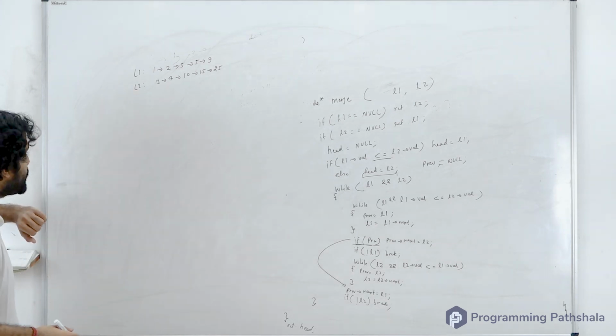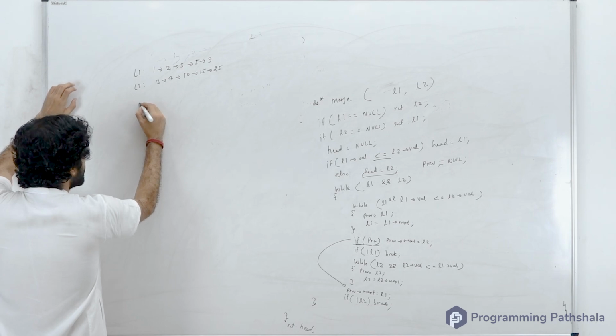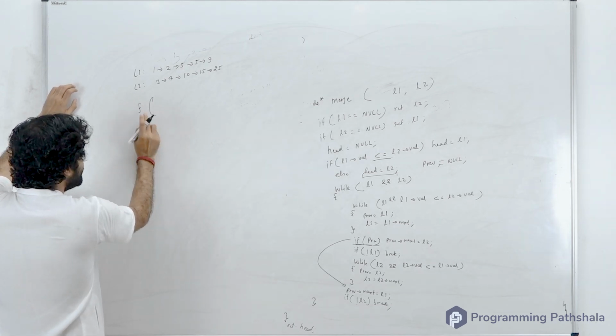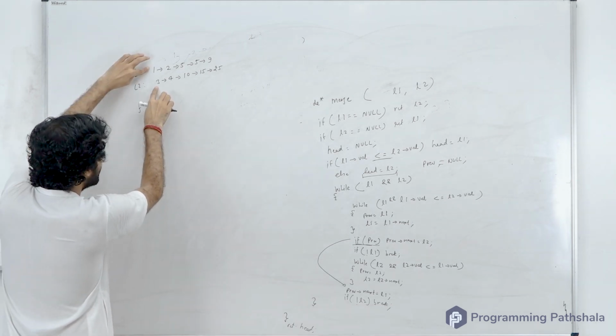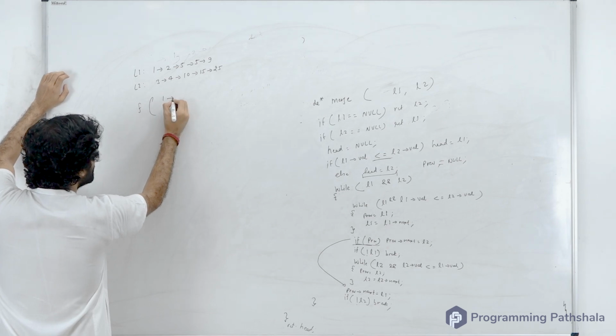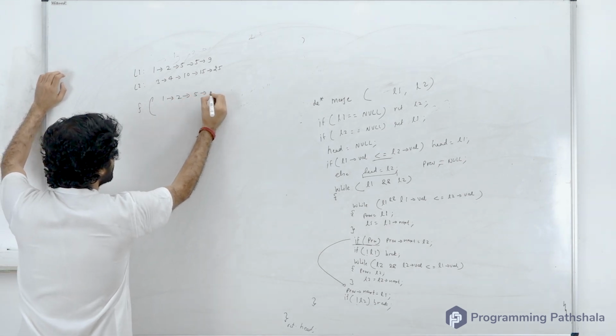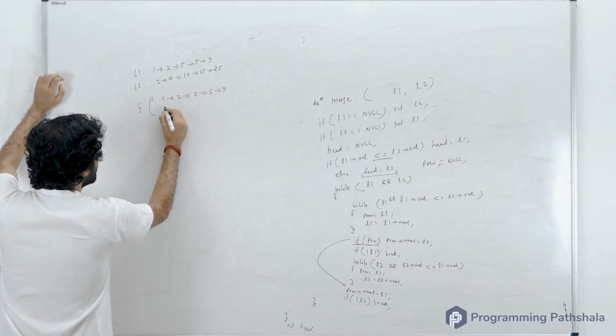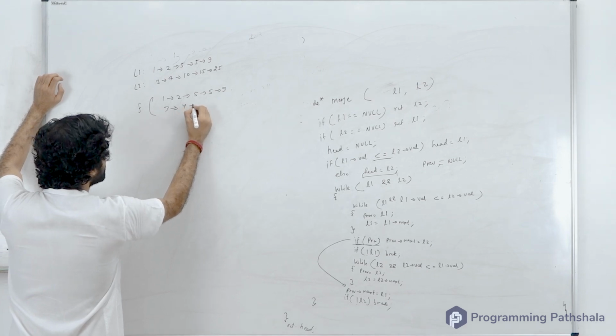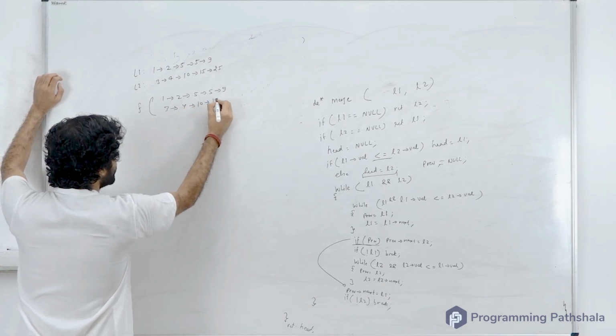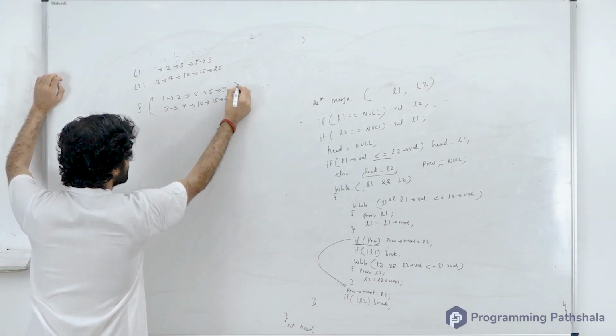So tell me, how can I go about it? Let's say there is a function. This function takes the two linked lists: 1, 2, 5, 5, 9, and 3, 4, 10, 15, and 25.